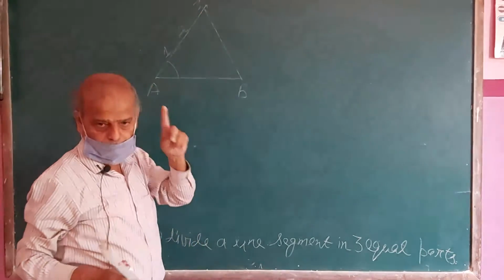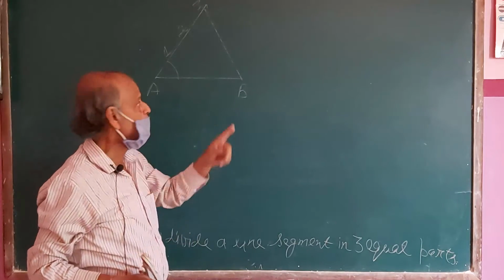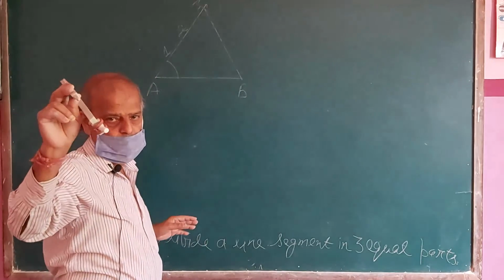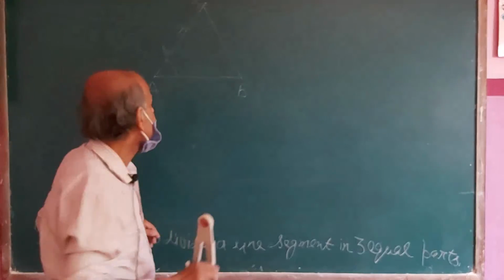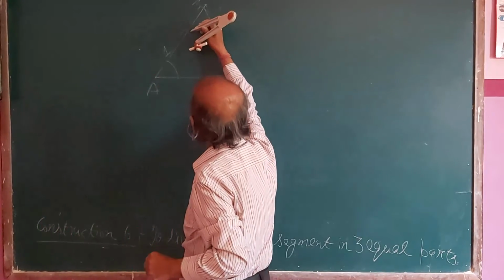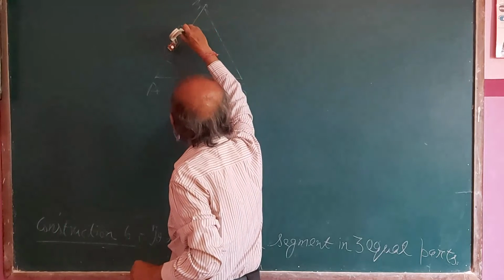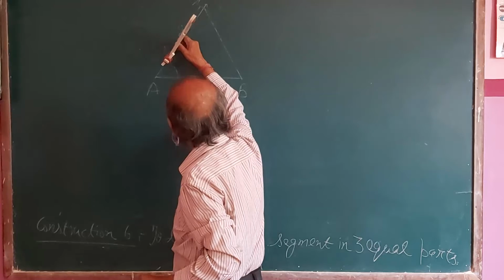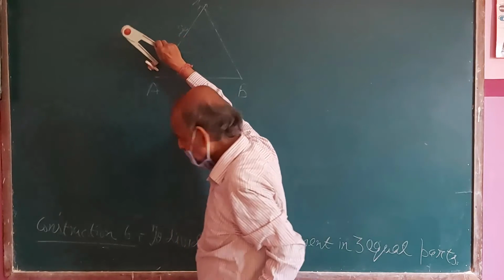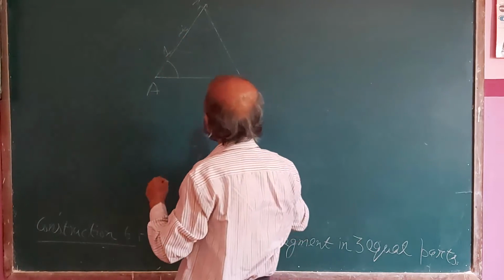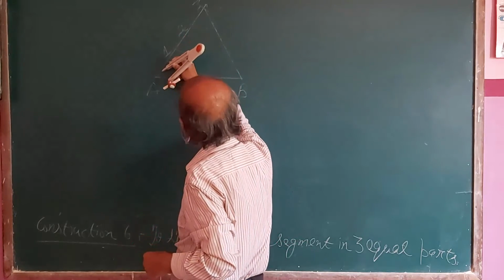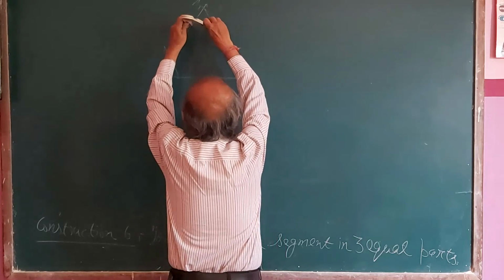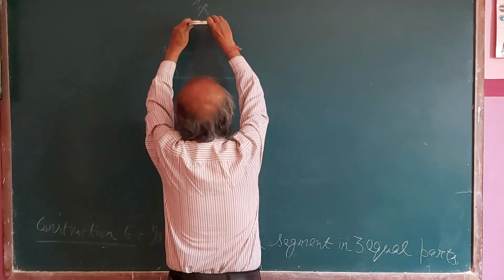So you have to cut equal gap at 2 and 1 also. Without disturbing the opening, you put your steel end here and draw an arc here. Similarly draw an arc here. You get these 2 points, and you do the gap cutting like yesterday. You can draw a small arc here.